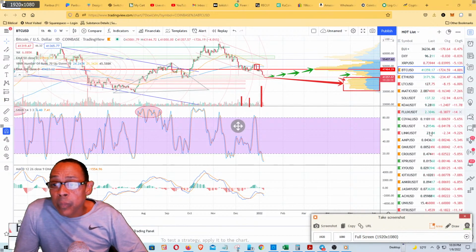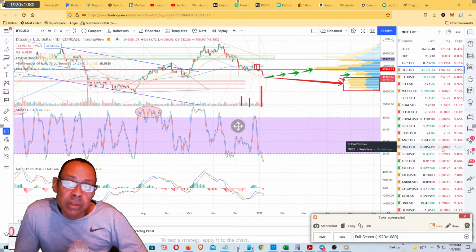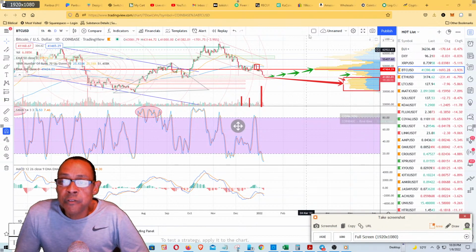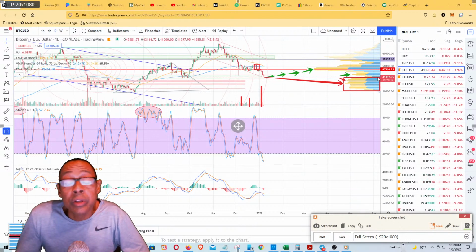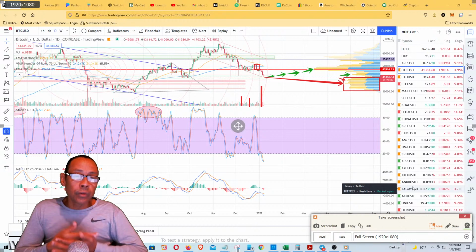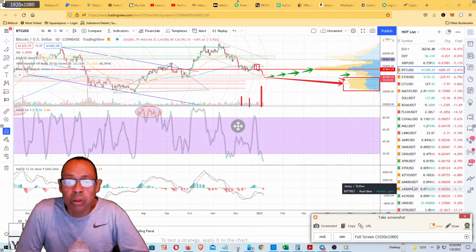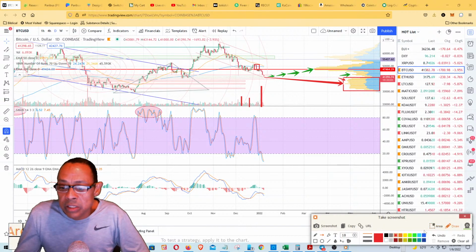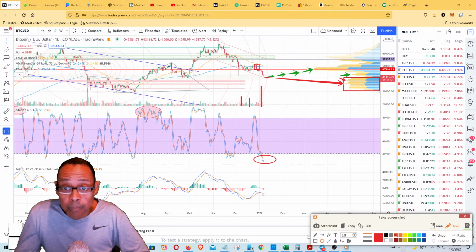All right. Now, the probability decreases the farther you go in one direction or the other, okay? And all you got to do is play it for what you see that the chart is telling you. And right now, the chart is telling us that it's possible that we gather ourselves and we bounce up because we are at the bottom of this stochastic cycle, close to the bottom.